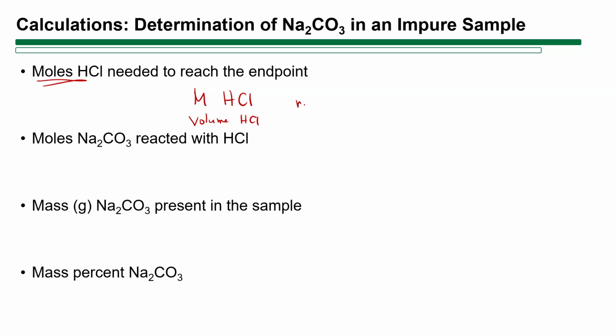Moles of HCl is equal to the molarity of HCl divided by the volume of HCl used. Again, be careful, because the volume of HCl is usually in mL, but it should be in liters. Oops, hold on, my bad.